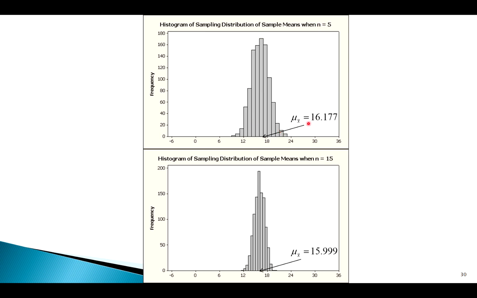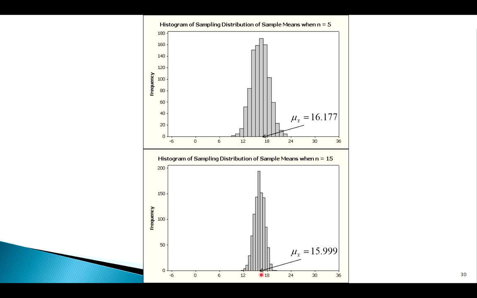Here was our sampling distribution for samples of size 5. Here is our sampling distribution for samples of size 15. So what do we see happening as we adjust our sample size? Shape still looks pretty normal.